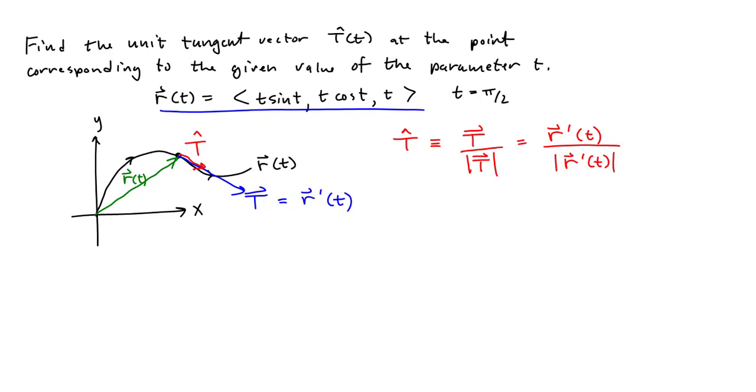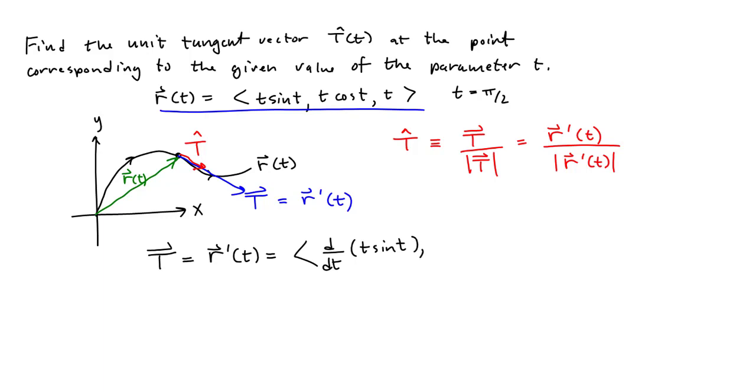So let's do this. Let's do this by first finding the derivative of our position vector, which will be a tangent vector. So the tangent vector is equal to the derivative of our position vector, and the derivative of our position vector is found by just taking the derivatives of each of the components of our position vector with respect to t.